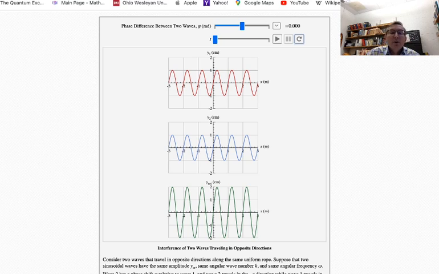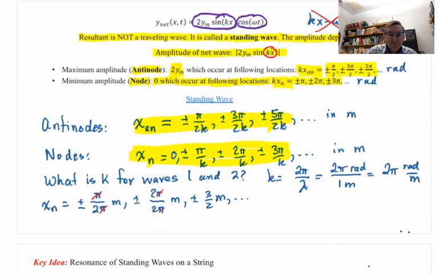Now let's find where the antinodes are. Let's go back to our notes. Now I want to be able to calculate the location of the antinodes. Now I use the antinode formula up above. The first one is plus or minus pi over 2k, right?